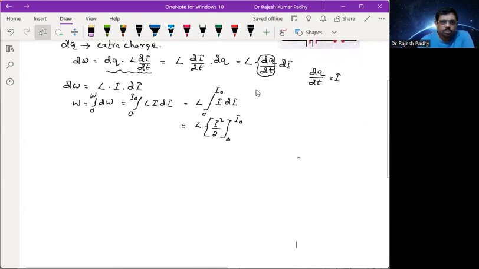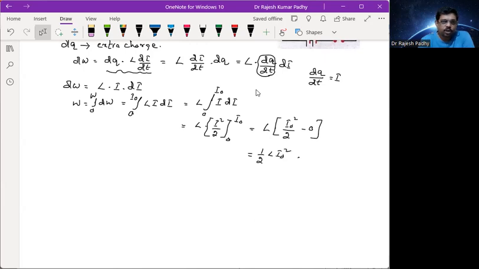Therefore, what is the total work done? This is equal to L into I0 square by 2 minus 0, or half L I0 square.